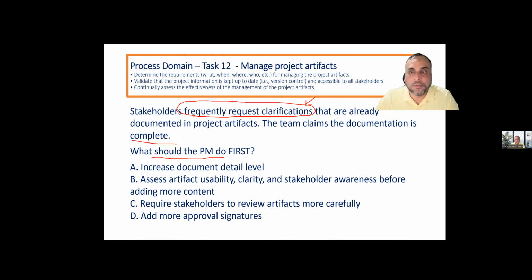Problem in communication management plan. Who needs what information, how, when, which format, which technology, which frequency? So communication management plan. So what you will do first: increase document detail level, assess artifacts' usability, clarity, and stakeholder awareness before adding more content, require stakeholders to review artifacts more carefully, or add more approval signatures. Now you already have the answer.